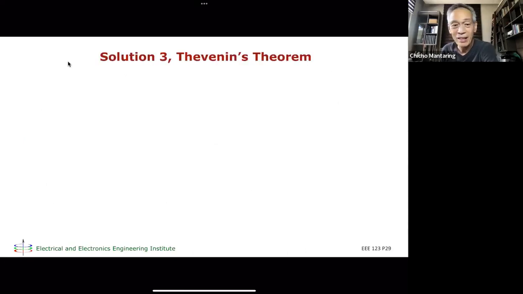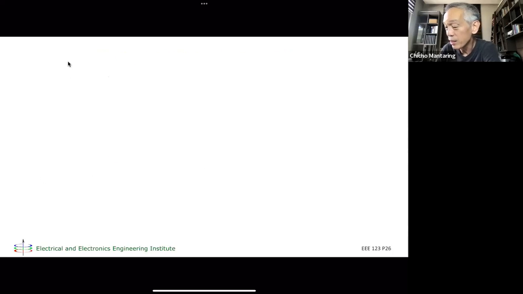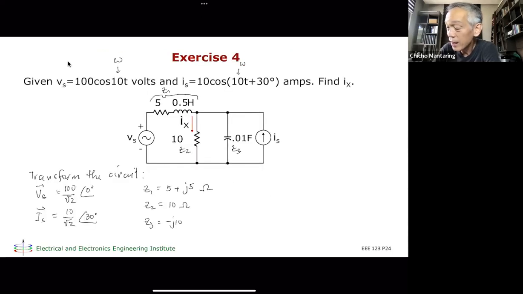So, Thevenin's theorem. We can also use Thevenin's theorem. I just wanted to point out that you can also use it. What is the procedure for using Thevenin's theorem? This is our circuit. First we take out the 10 ohms, or take out Z2.